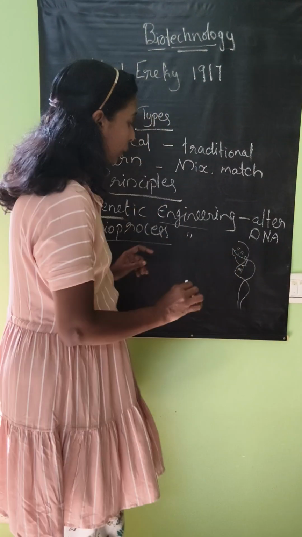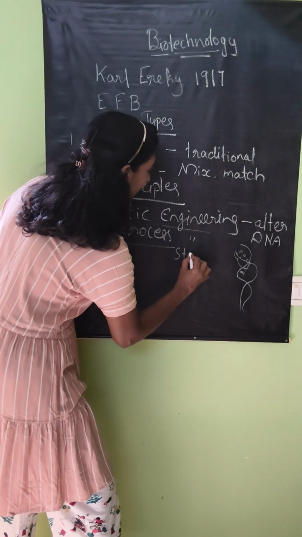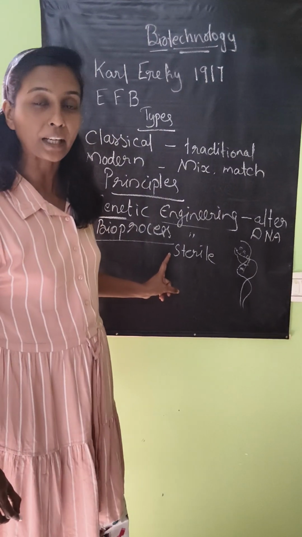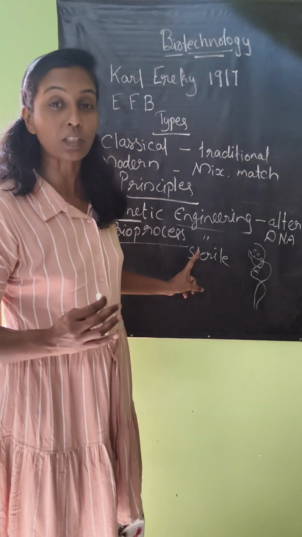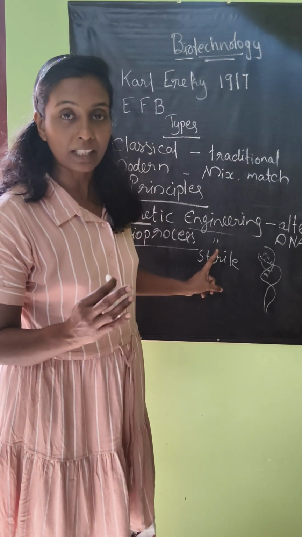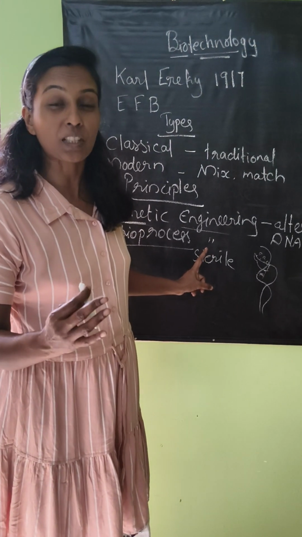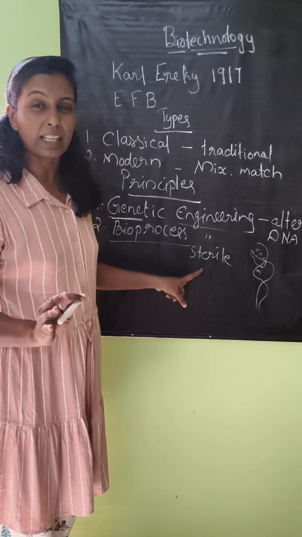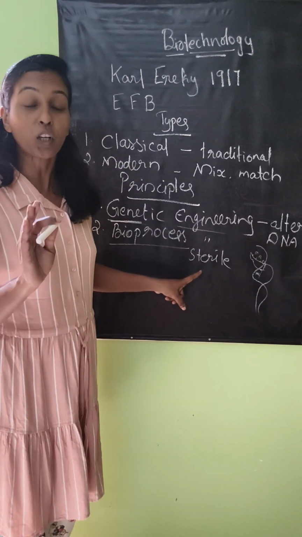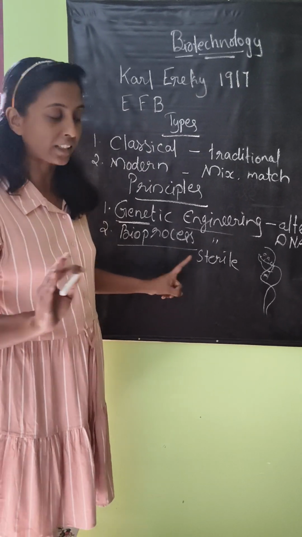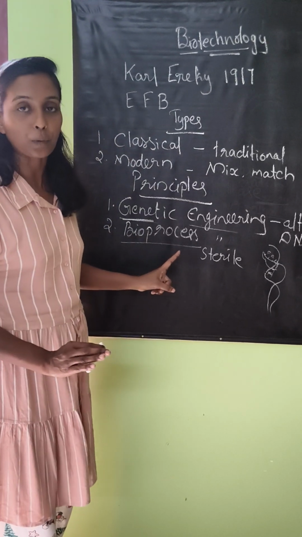It uses sterile microorganisms. With the help of sterile microorganisms, we can produce different products like antibiotics, medicines and vaccines in large amounts. We have to use sterile, contamination-free microorganisms. Only by using useful microorganisms can we produce different products. That is bioprocess engineering.